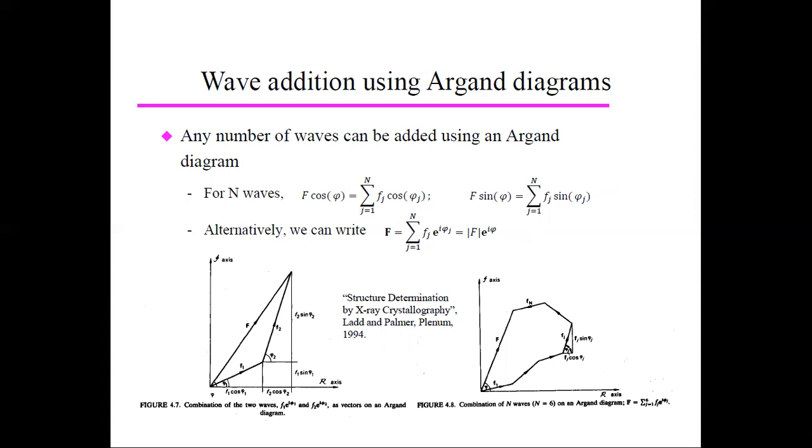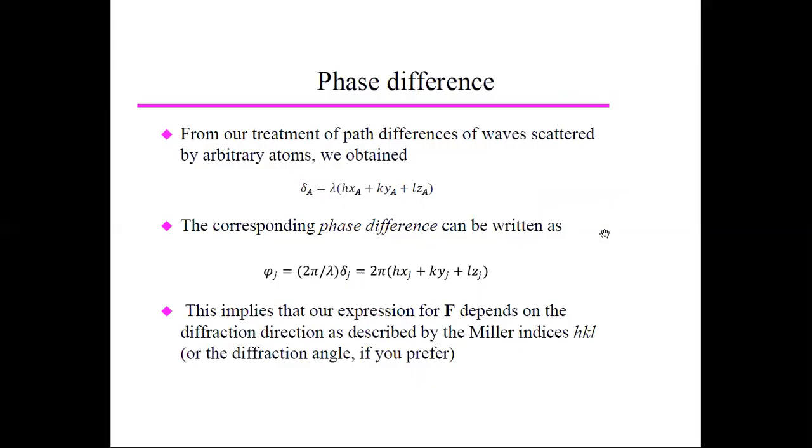So alternately, we can write this equation from the determination of crystallography at different angles. You have to see the combination of two waves and the combination of n waves. Similarly, for the path difference, from our treatment of path difference of waves scattered by an arbitrary atom, we obtain lambda a equal to this equation, which we see in the atom from the lattice.